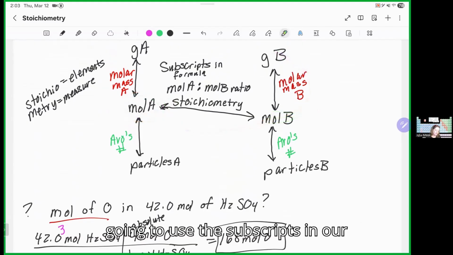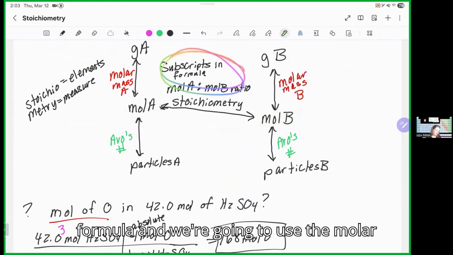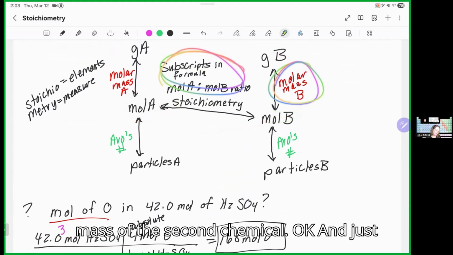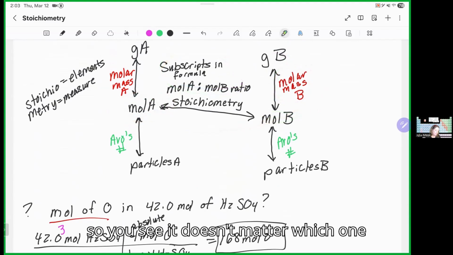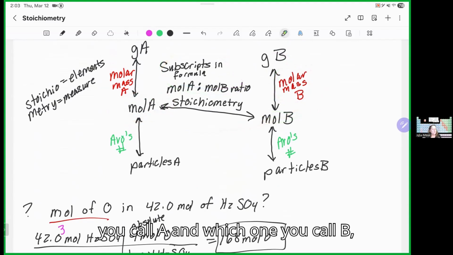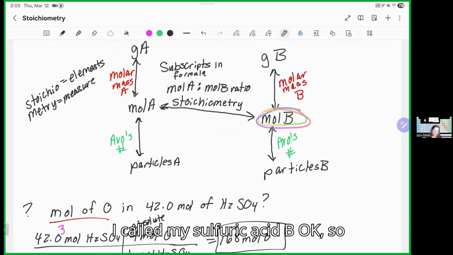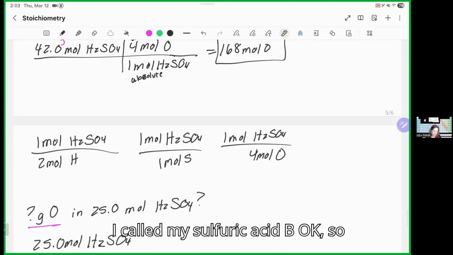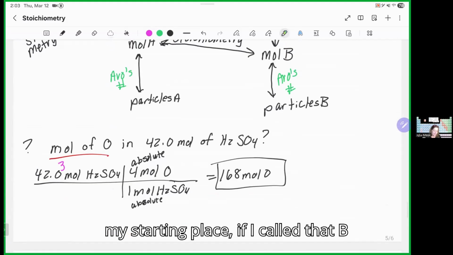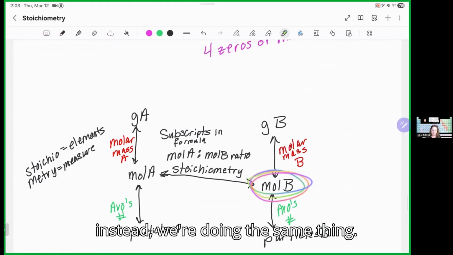Okay. So we're going to use the subscripts in our formula, and we're going to use the molar mass of the second chemical. And just so you see, it doesn't matter which one you call A and which one you call B. You're starting with the one that you know the number. So if I called my sulfuric acid B, we're doing the same thing.